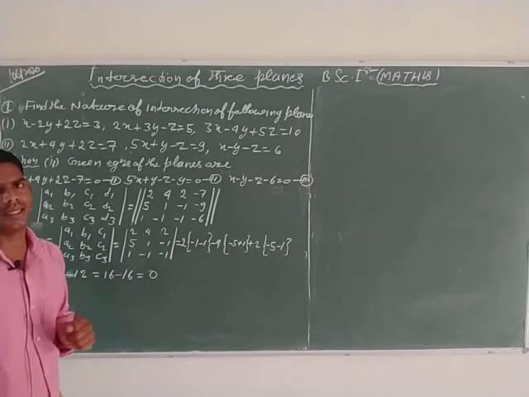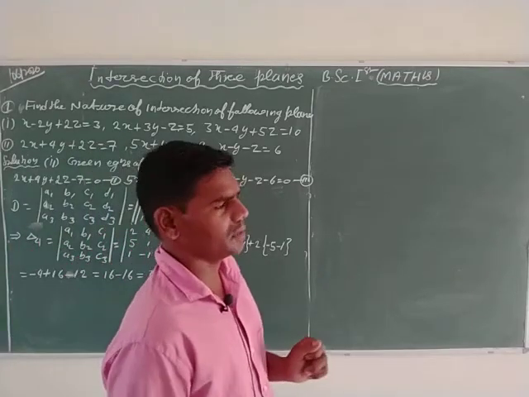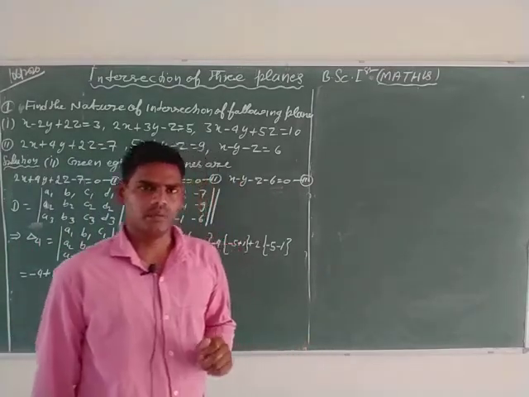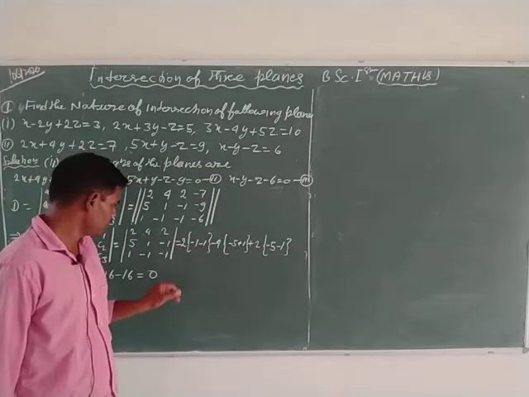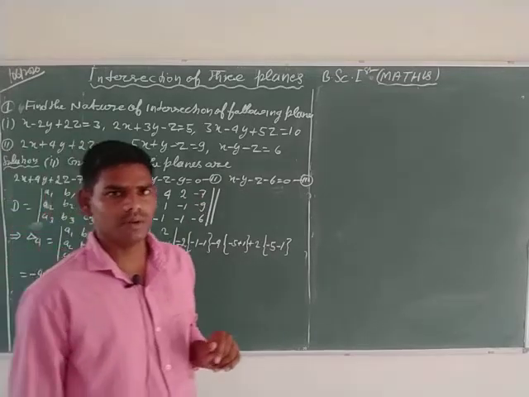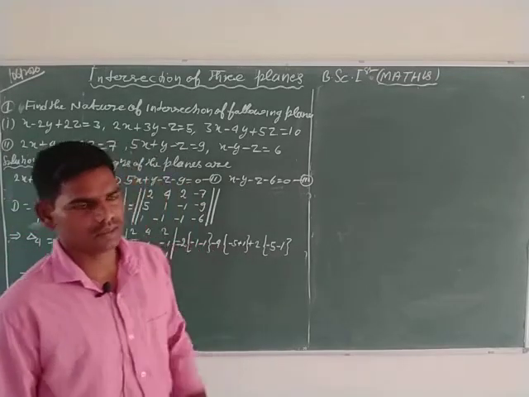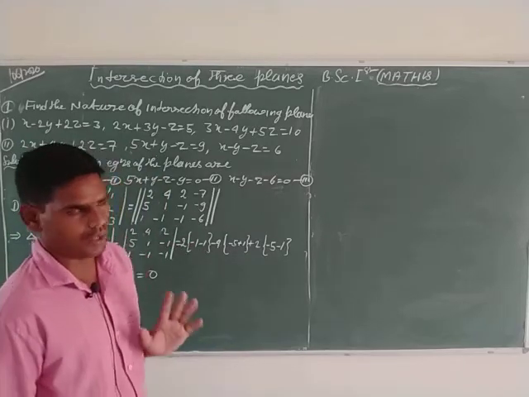So the first condition does not apply here. After that, the intersection of these three planes will be a triangular prism or a common line. For this, calculate the values of delta 3, delta 2 and delta 1.